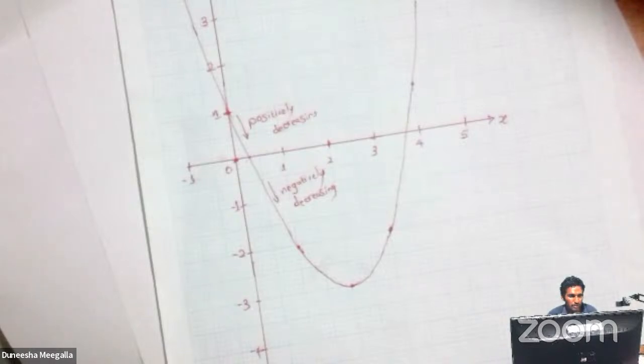Then we go to the question. Did you mark the region of the graph? Positively decreasing and negatively decreasing.